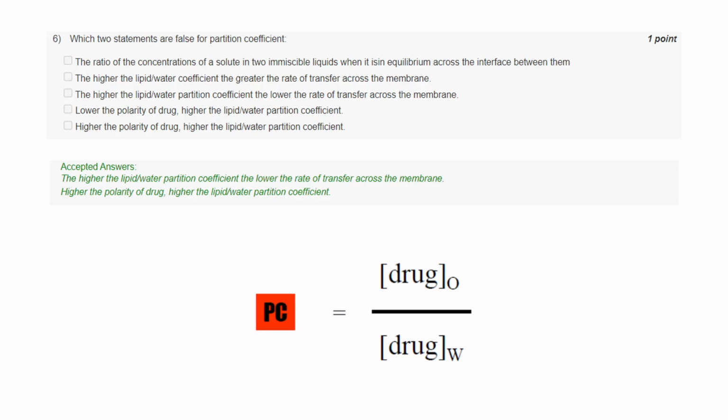So the more the partition coefficient, the more the rate of transfer across the membrane. So option 2 is actually correct, but the question is asking us which statements are false. So the false statements are: the higher the lipid water partition coefficient, the lower the rate of transfer. And the fifth option, the higher the polarity of drug, the higher the lipid water partition coefficient, is false.